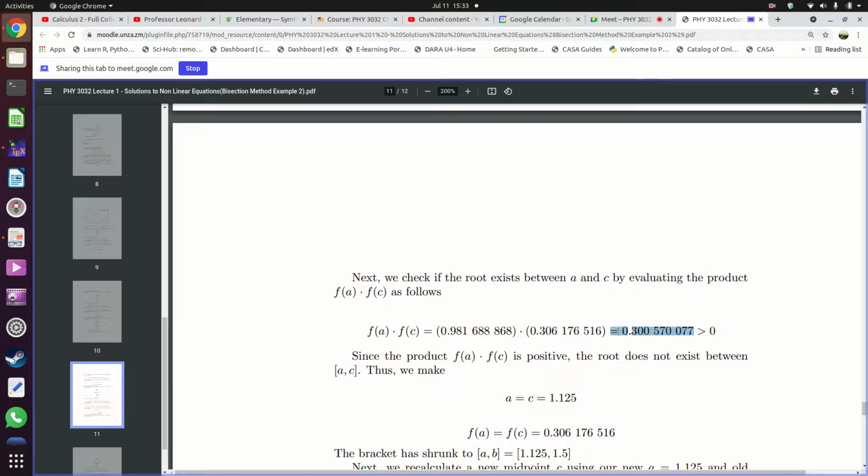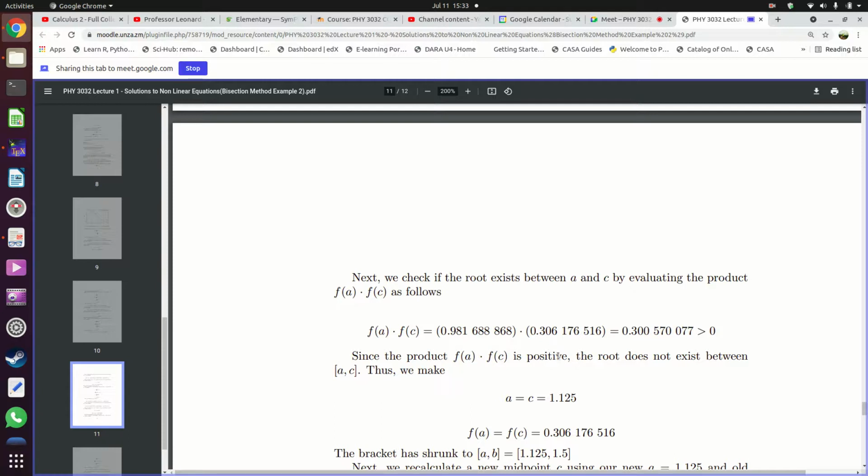Are we clear? This positive is greater than 0. So since the product of f of A times f of C is positive and greater than 0, it shows that our function has not crossed the x-axis between A and C.